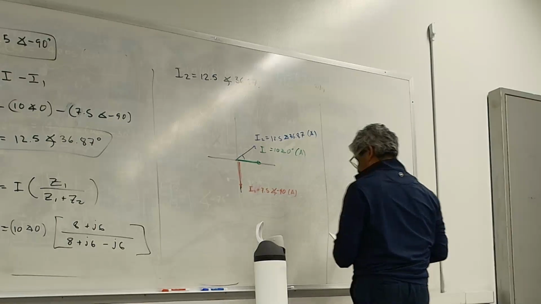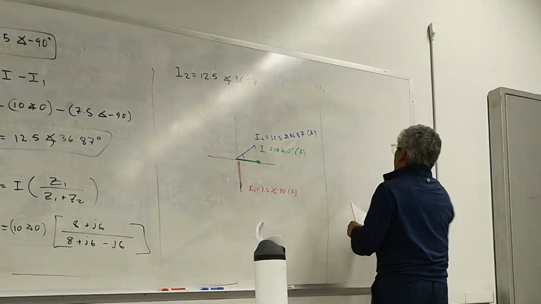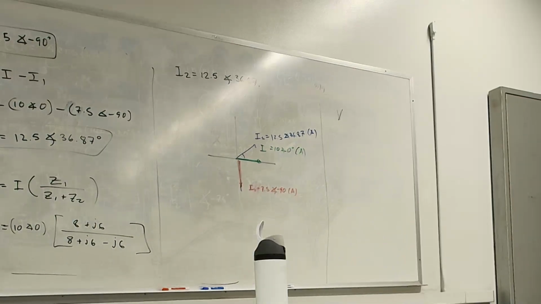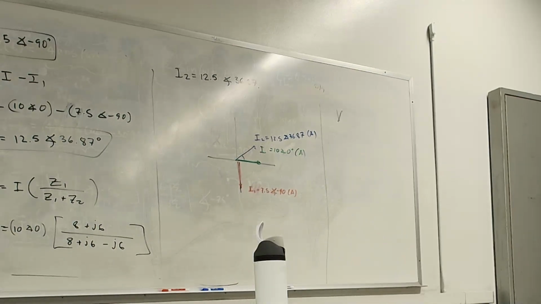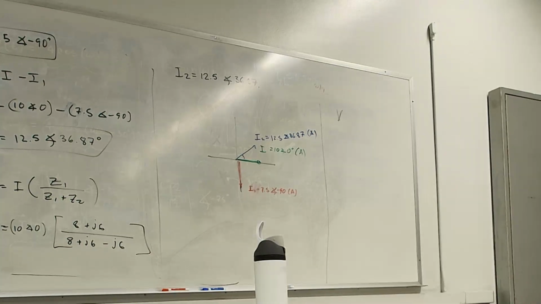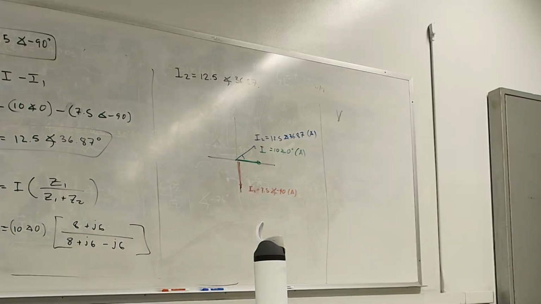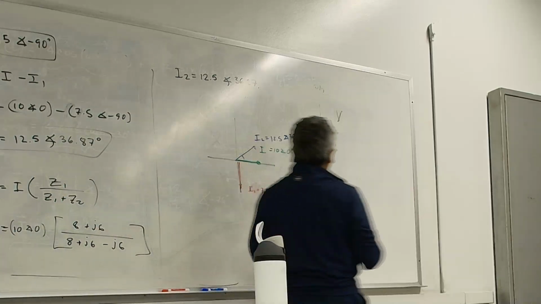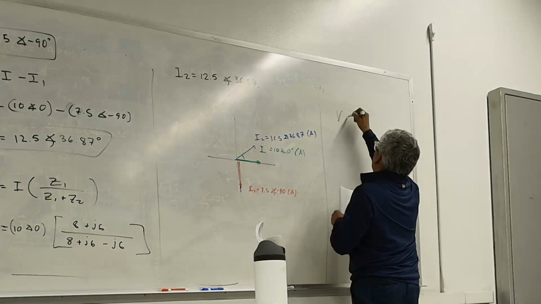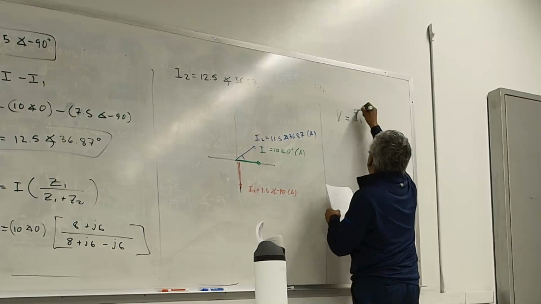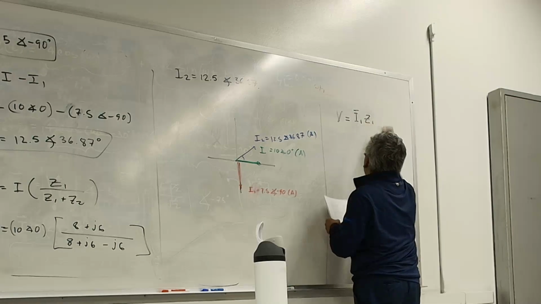I'm talking once again about the voltage that is driving the current through those impedances, the voltage driving the loads. V is equal to the I1 phasor times Z1, okay?